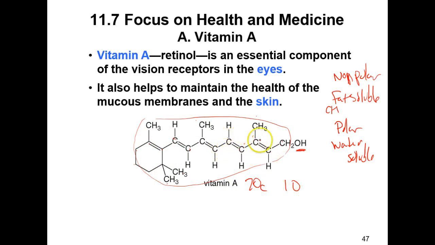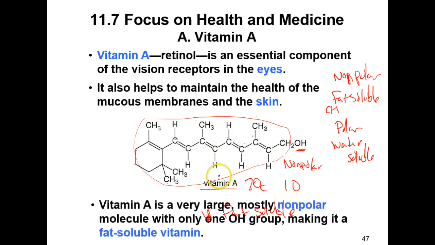This is so nonpolar that this would be a fat soluble vitamin. Again, you can just look at the structure. You don't even have to know what it is or where it comes from. You can just look at it and determine that it is going to be fat soluble. So vitamin A is very large, mostly nonpolar, with one OH group, making it fat soluble.